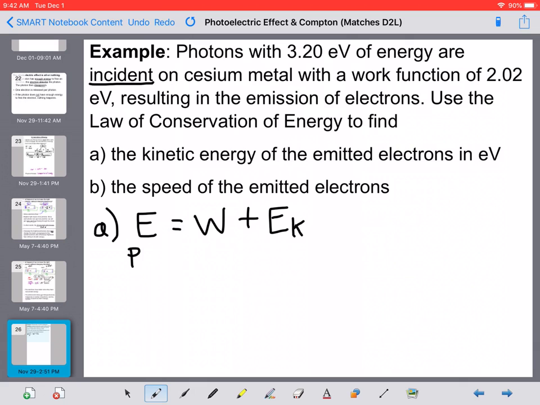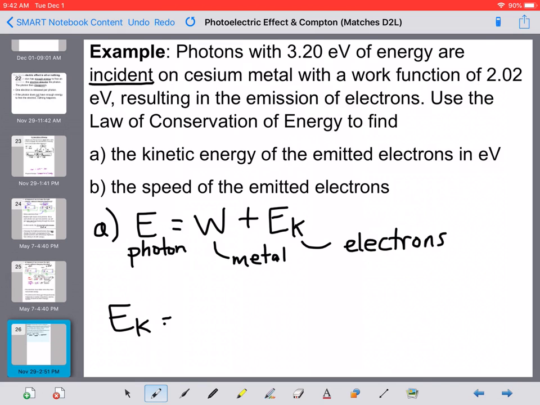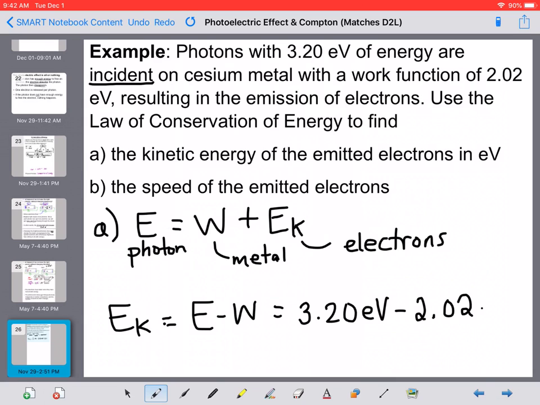Remember, E is for the photon, W is for the metal, and EK is for the electrons. Here I'm supposed to be finding kinetic energy, so I can just rearrange the formula to E minus W. E is the amount of energy that the photons have, so that's 3.20, and W is the work function, which is 2.02.